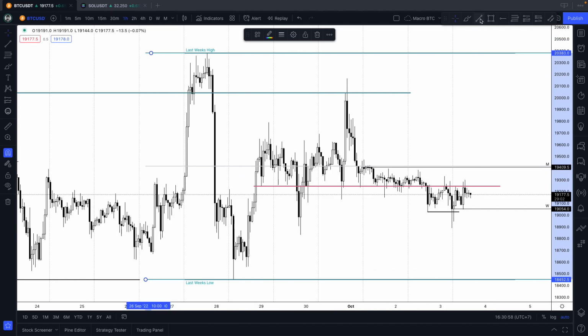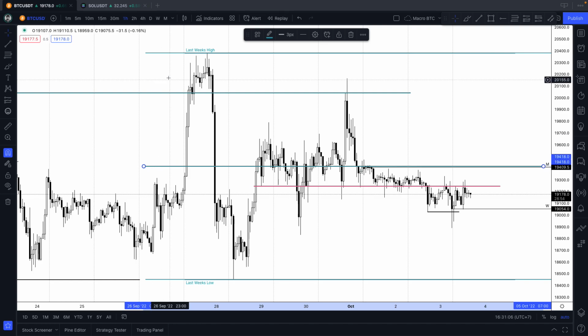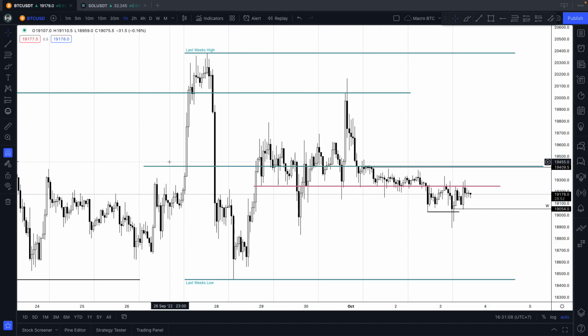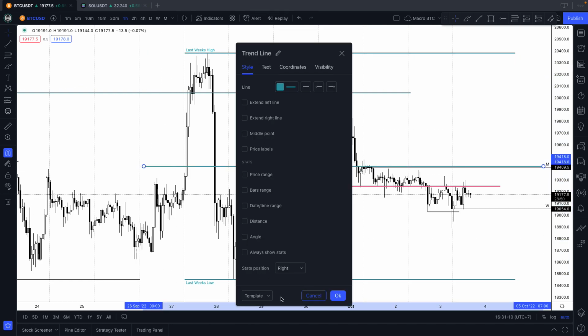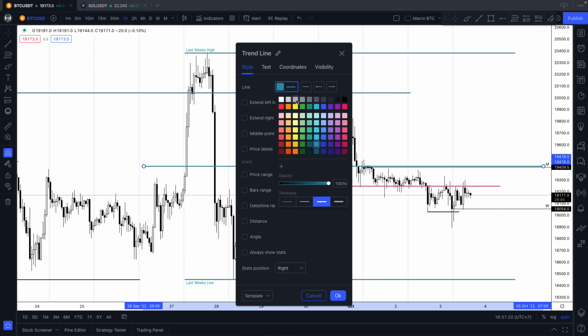Okay, so we'll mark this out. But it just allows us to isolate price into ranges or areas where we can trade between, and we have an idea of targets, and it's very, very useful. I'll explain in a moment.